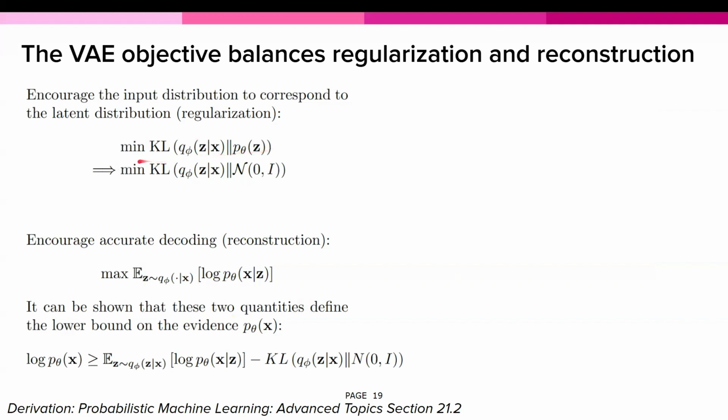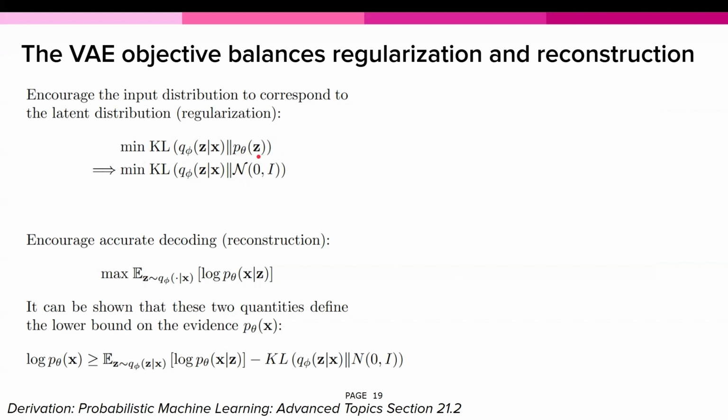And so we use KL divergence to quantify how far the encoder's output distribution, q(z|x), over latent variables z given a set of inputs x, deviates from the prior that we specified.